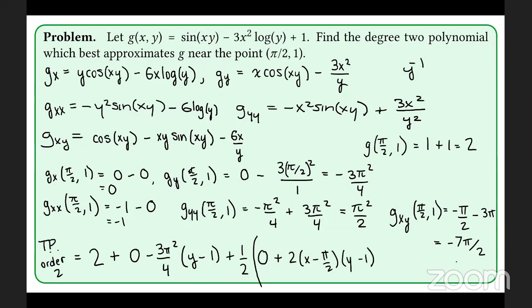And the mixed partial is -7 pi over 2. Oh no, it is -1. Sorry guys. This is just getting too messy. I'm gonna fix this and I'll also buy you all flowers. Okay, sorry about that. This got screwed.